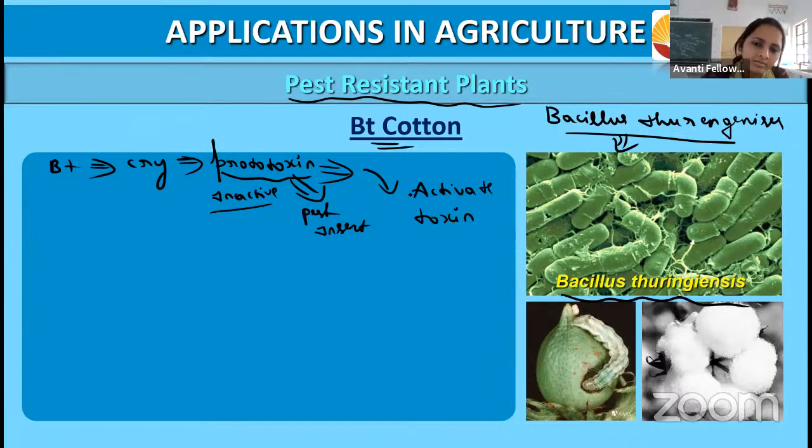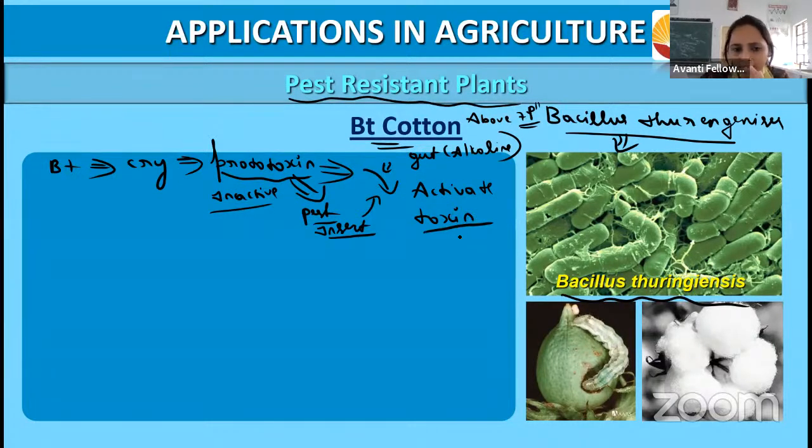How does it convert? In the gut of that pest or insect, there is an alkaline pH. Above pH 7 we call it alkaline pH. In the alkaline pH, this toxin is going to be activated.